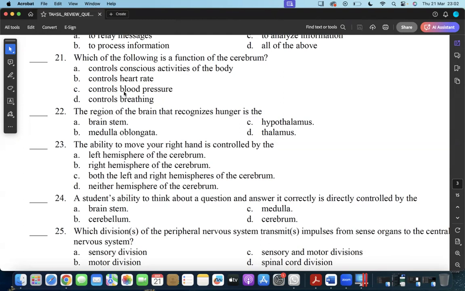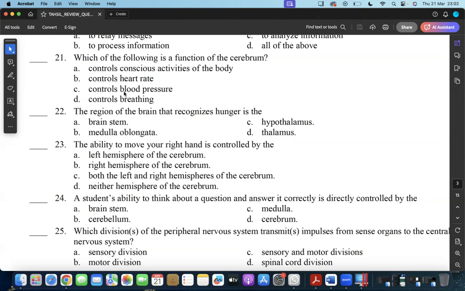The brain is sectionalized into three sections. We have the cerebellum, we have the cerebrum, and we have the medulla oblongata. So the question is asking, what is a function of the cerebrum?